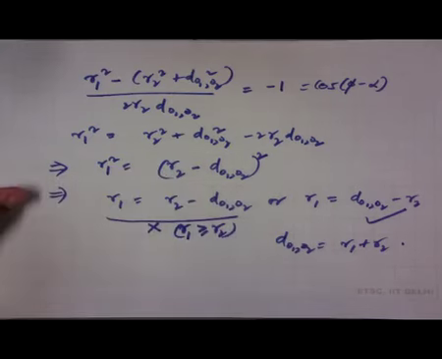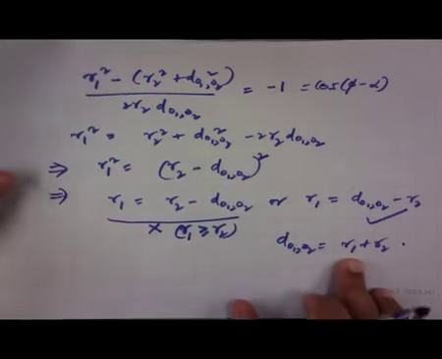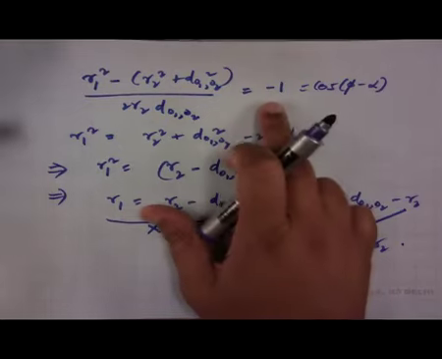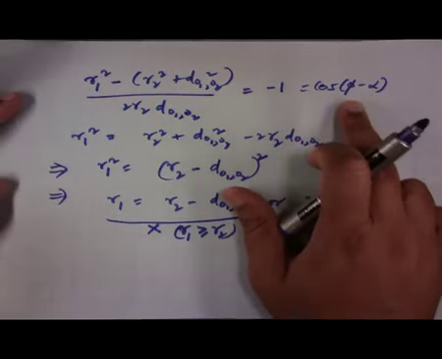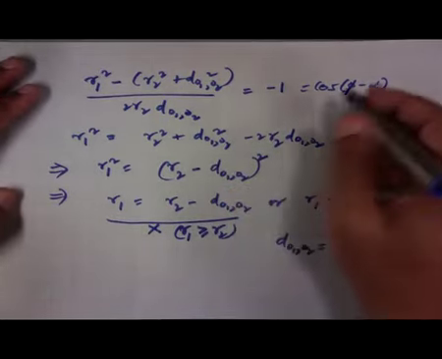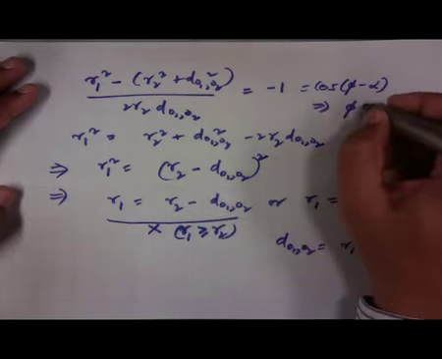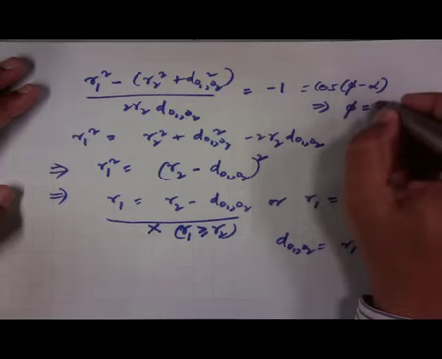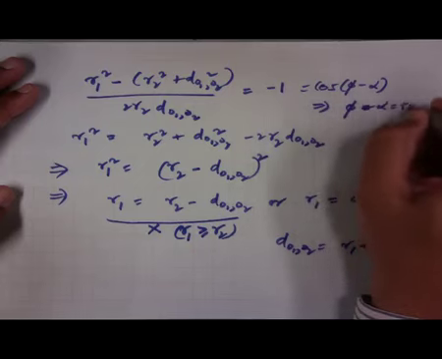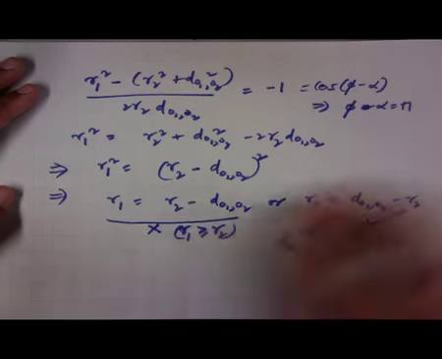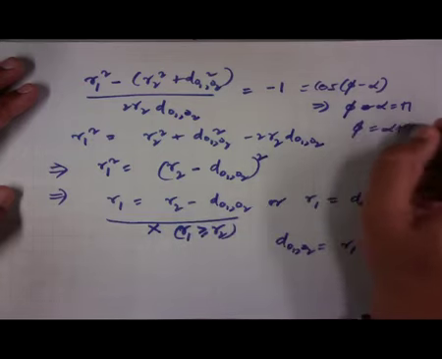So, when the distance between the two centers is equal to the sum of the radii, this expression is minus 1, which means that cos of phi minus alpha is minus 1, which basically implies that phi minus alpha is pi, or basically that phi is equal to alpha plus pi.